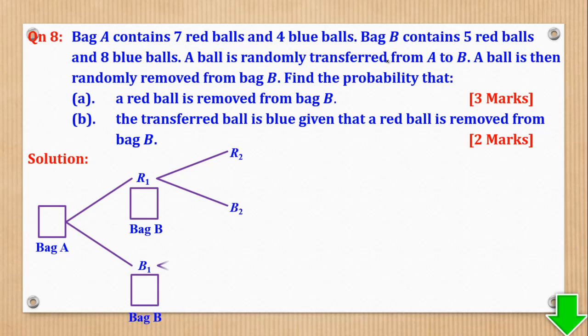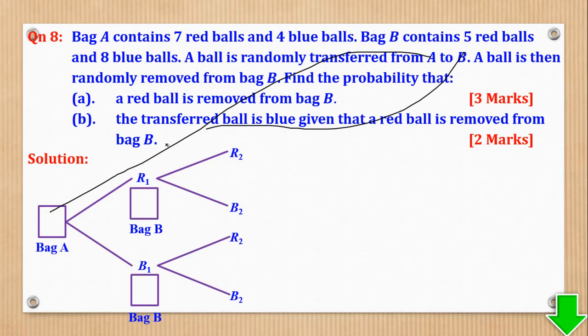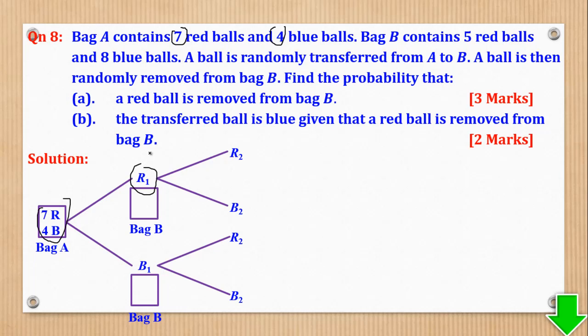So they told us that a ball is picked from bag A and put in bag B, after which a ball is removed from bag B. First of all, bag A has 7 red and 4 blue, so we put 7 red and 4 blue. We first consider the case when we pick red. If we pick red from A and put it in bag B, the probability here will be 7/11.